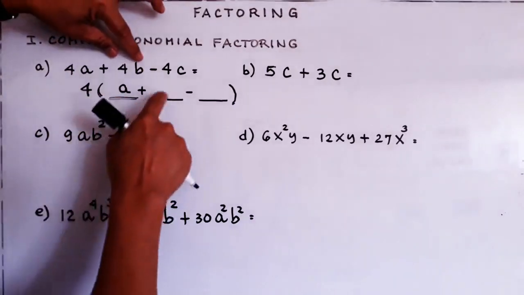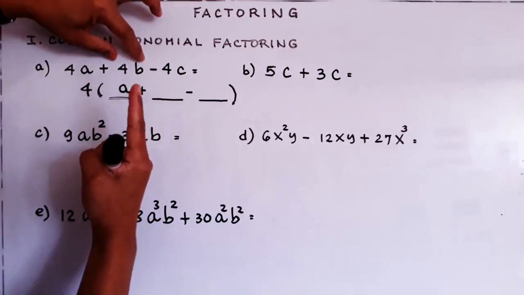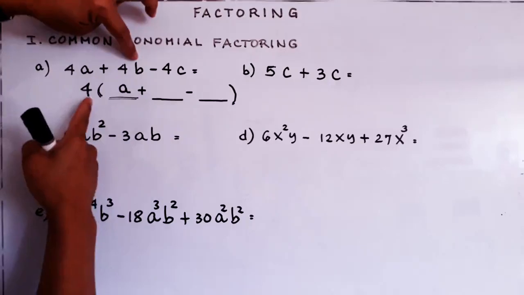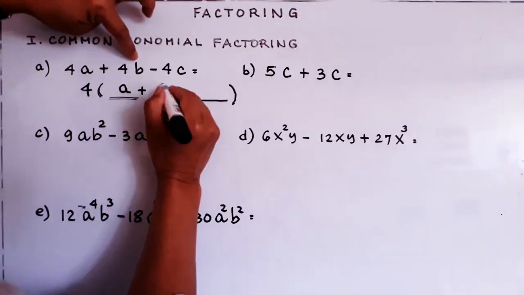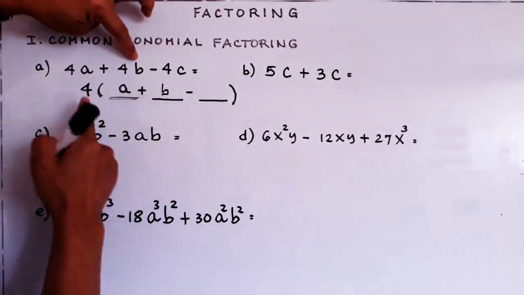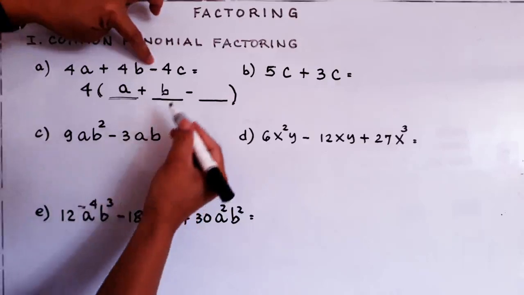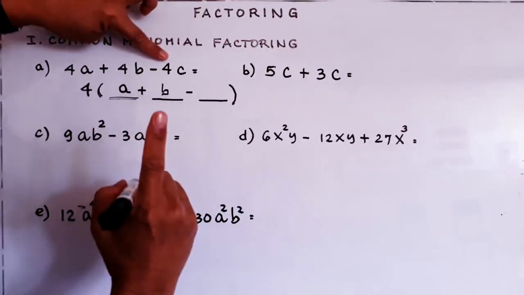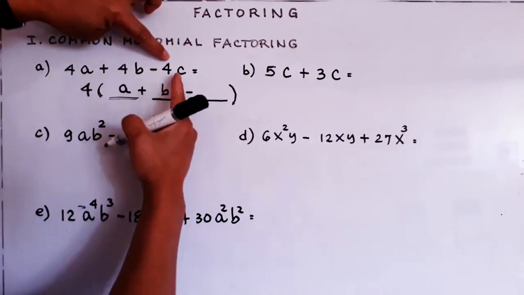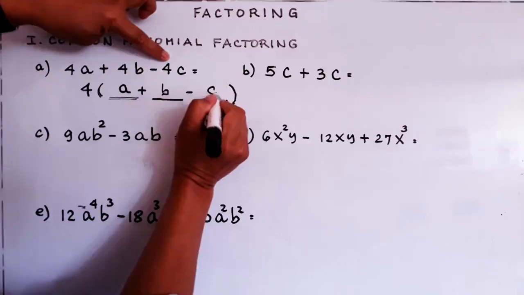Second one here. 4 divided by 4 is 1. But you have the B there, and we don't have anything here. So we write the B there. Multiply 4 times B, 4B. Check. Minus, and you have the minus there. 4 divided by 4 is 1. But there is a C there, so you put the C here.